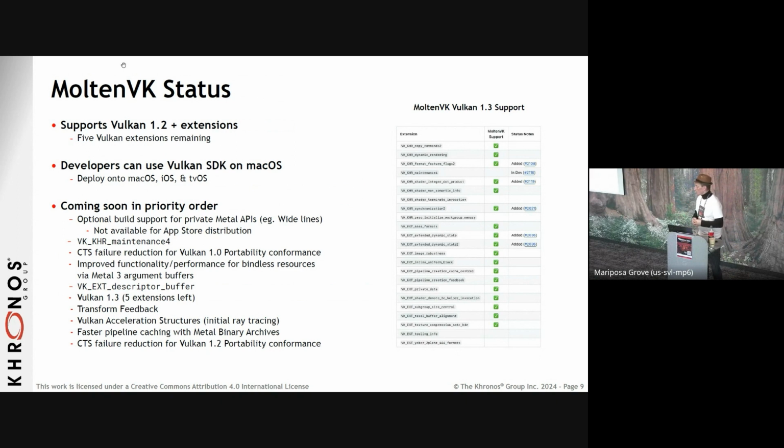The fourth point down there, where improved functionality for bindless resources is something that I'm actively working on. So your question is, you can currently turn on an environment variable or build setting in MoltenVK to say, run me bindless, which it'll do. It'll only do it on Mac, it won't do it on iOS. And there are some limitations because Metal was lagging in terms of its bindless capabilities.